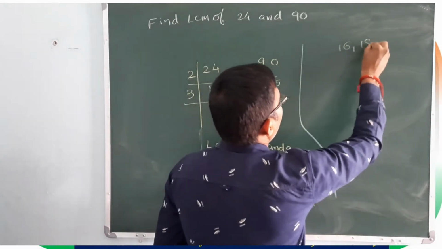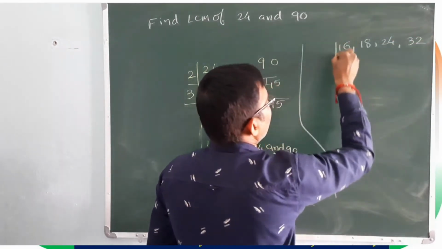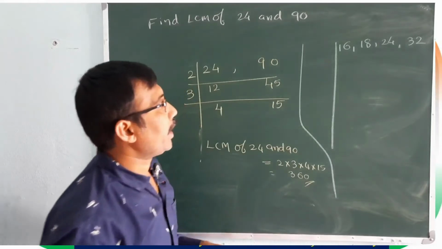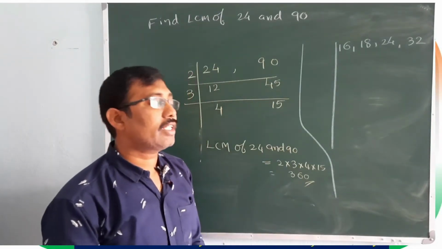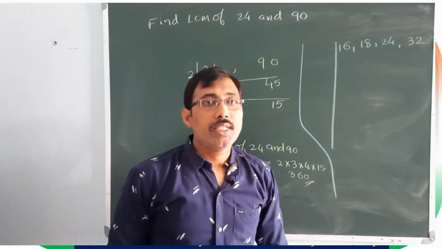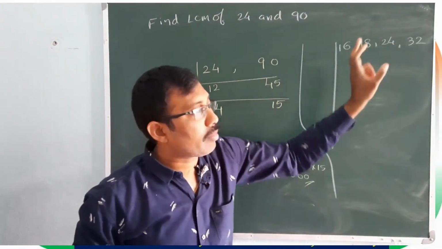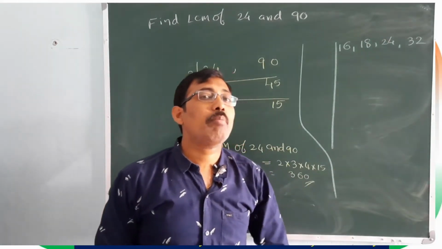16, 18, 24 and 32. Observe here that 4 numbers are separated with commas. That is the first step. Second step, find a number that divides at least 2 of these numbers, taking the maximum number.